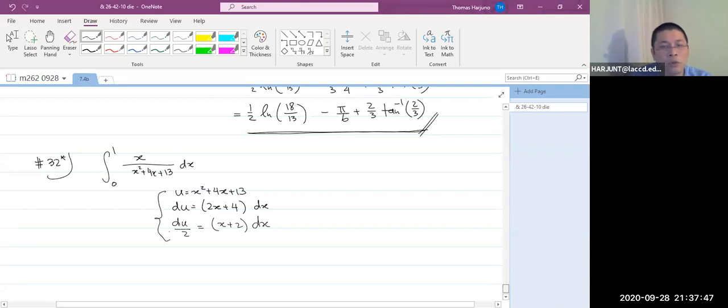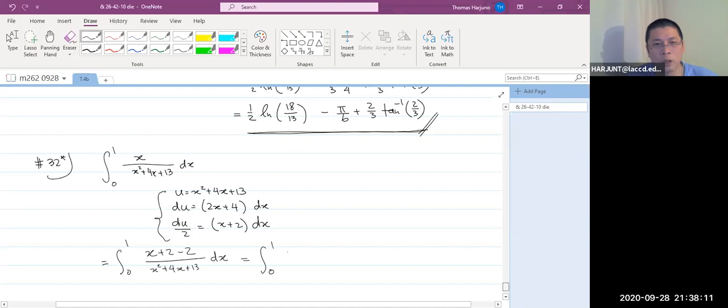Then I will massage the numerator such that I have x plus 2. So I will do it this way, from 0 to 1, I will have x plus 2 minus 2 over x squared plus 4x plus 13 dx.